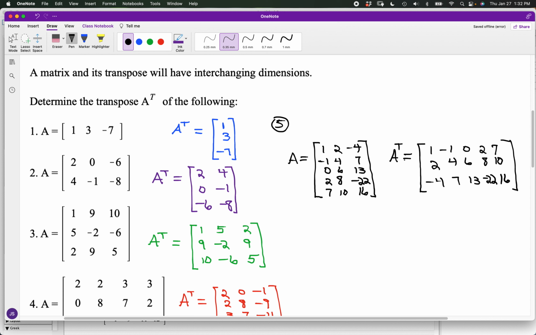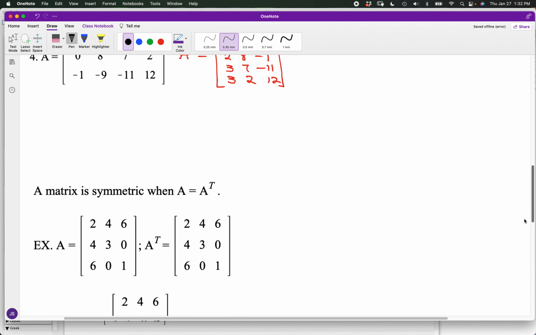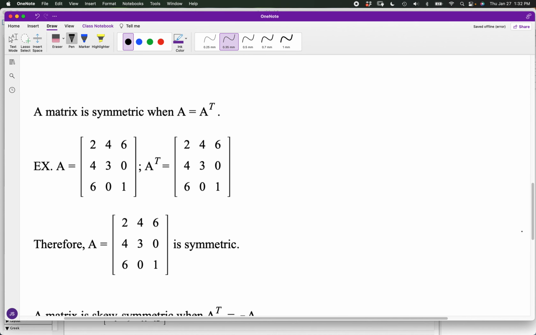All right, regarding special cases of transposes, there are various types of matrices, and most are not going to be symmetric. But in the case of those that are, a matrix is regarded as symmetric whenever the original matrix A and its transpose turn out to be the same.